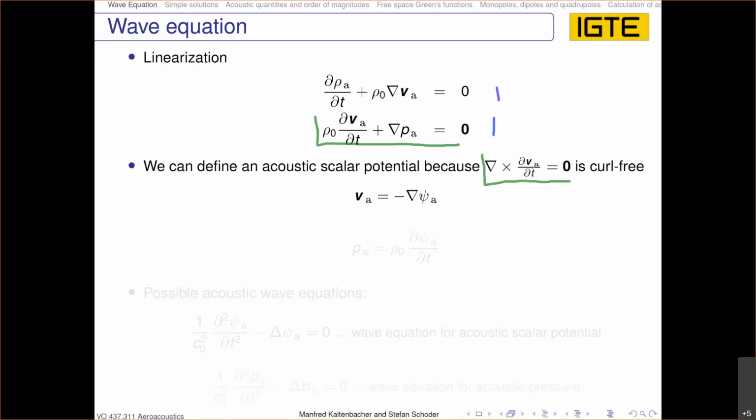If you exchange the time derivative with the space derivative, then the time derivative of the curl of the acoustic particle velocity is 0. So that means if you integrate over time, you see that the curl of the acoustic particle velocity is any constant, but that is not of interest for us, because we know acoustic waves are just waves when you have any fluctuations.